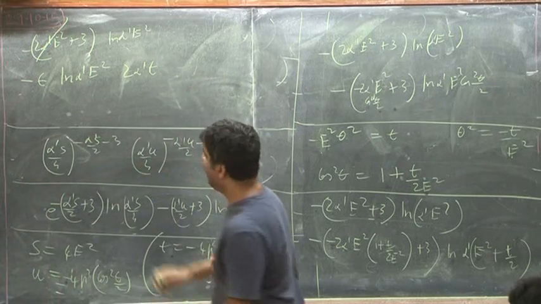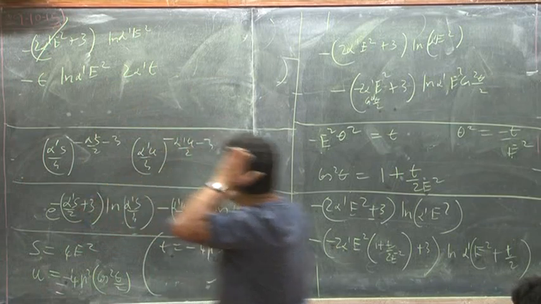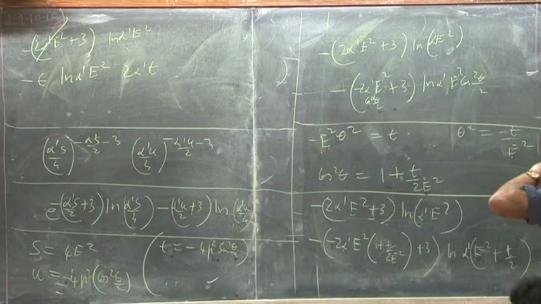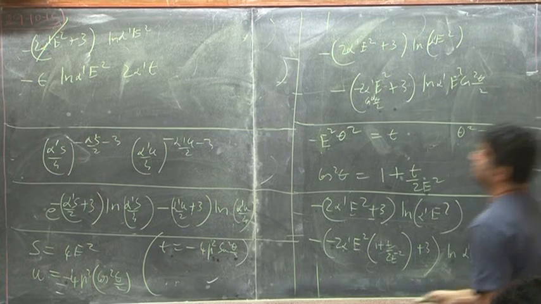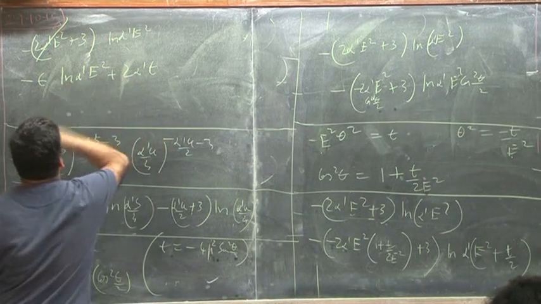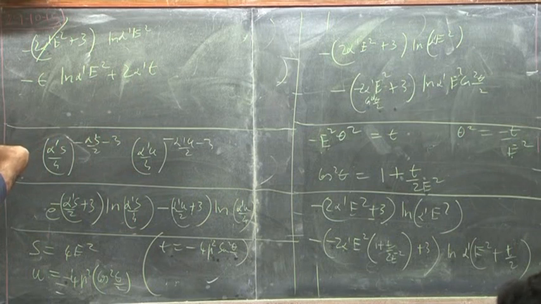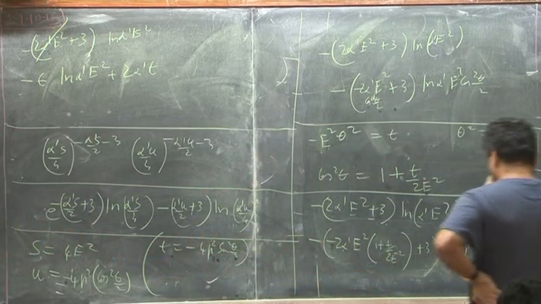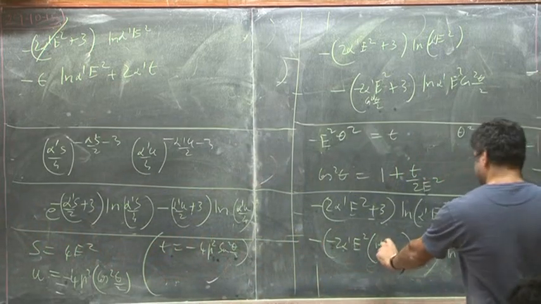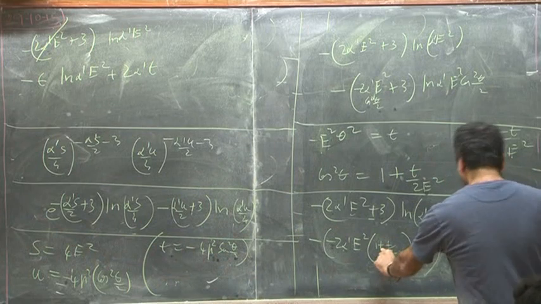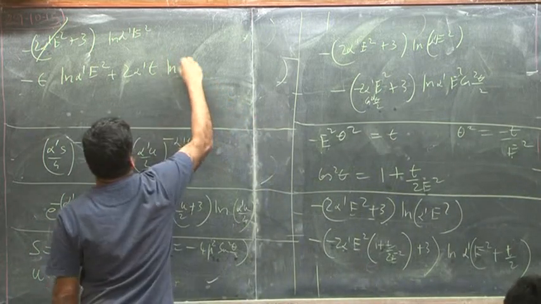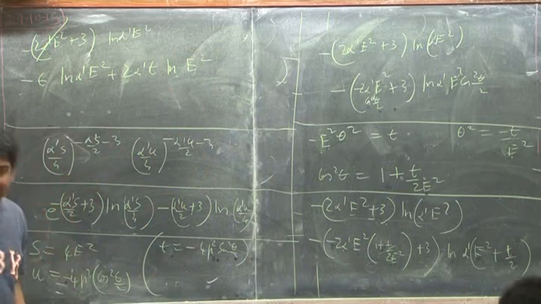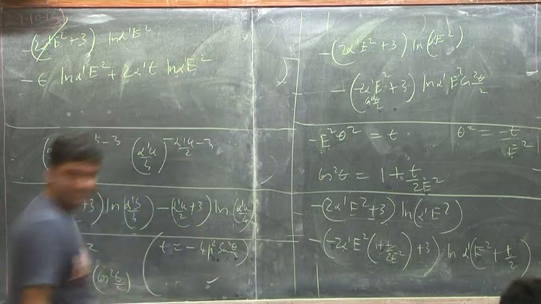Plus alpha prime, yes. So it becomes plus 2 alpha prime t. Now this t was multiplied by a log, both were multiplied by log alpha, right? Yeah.